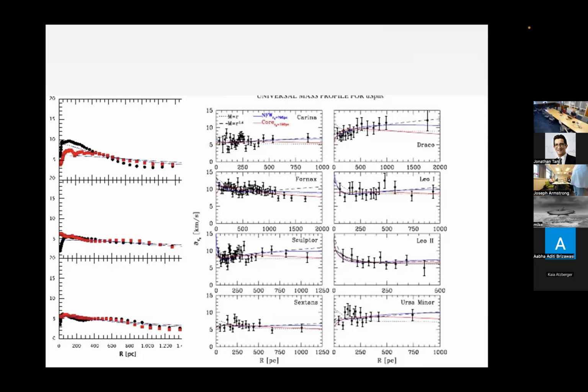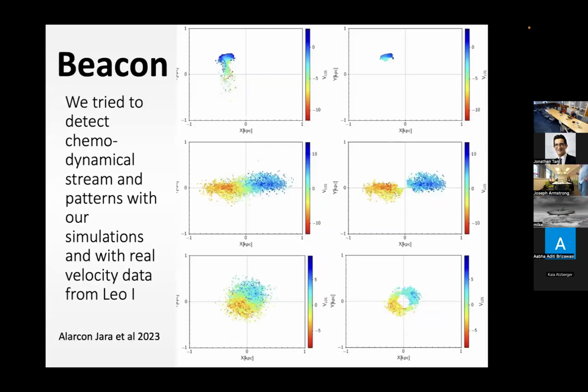But it was a hint at that time when we first introduced our models. It was a hint that we see something similar, and some of those things might not be just error within the error bars, but real. And that was the situation until recently.